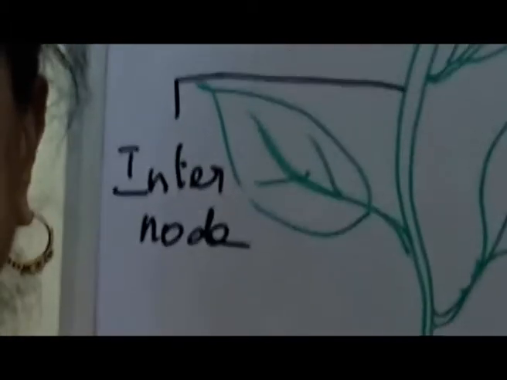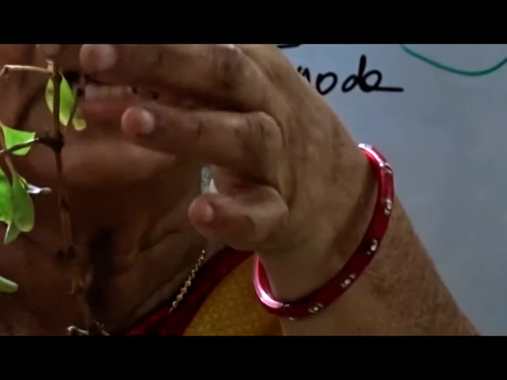Now this is a whole plant that I am holding. This is the root system, and these are the leaves. Now this is a nodal portion. See here. This is one node. This is another node.